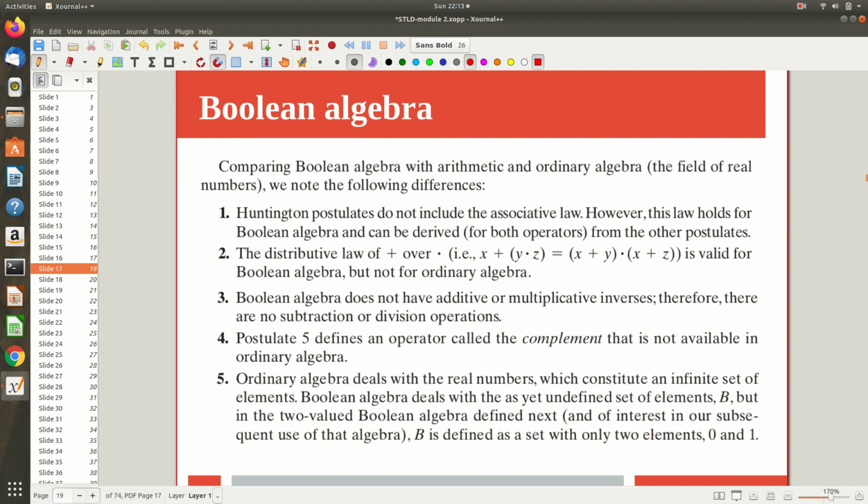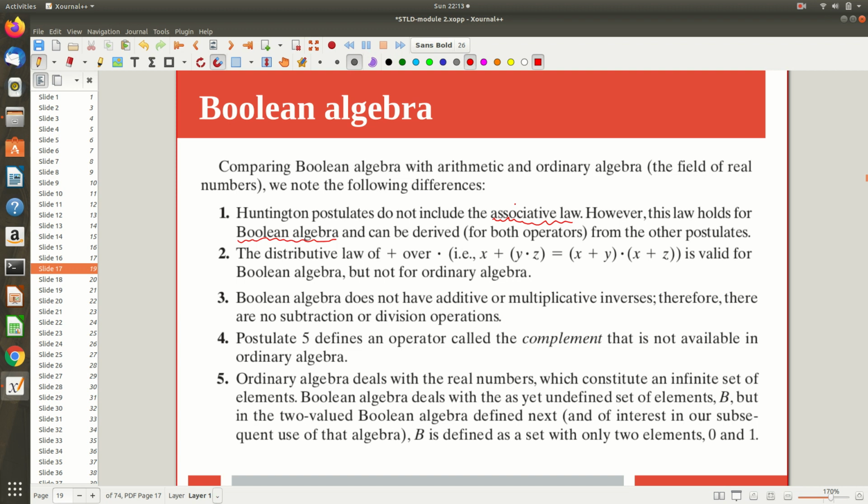Now, some highlights of how it is different from ordinary algebra, which we just discussed, are noted down here. You can see that here we don't have an associative law, right? That is something we saw in ordinary algebra. However, if you take any Boolean algebra, by default it holds the associative law, but it is not a minimum requirement for an algebraic structure to be Boolean algebra.